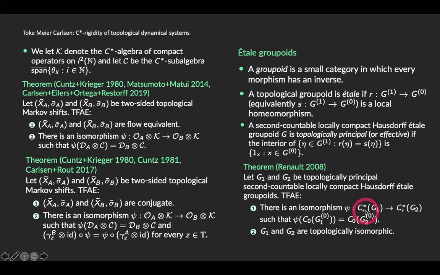And then it follows that if you have an isomorphism between the reduced C-star algebras of the groupoids that maps C0 of the unit space onto C0 of the other unit space, then the corresponding Weyl groupoids are isomorphic, and therefore the original groupoids G1 and G2 are isomorphic. That gives you 1 implies 2, and 2 implies 1 is straightforward. That just follows from how the C-star algebras are constructed.